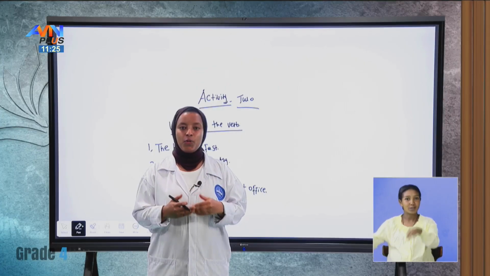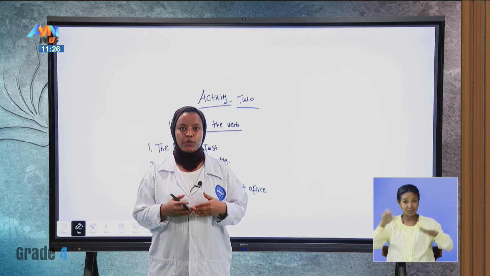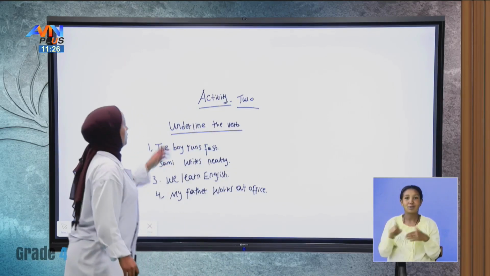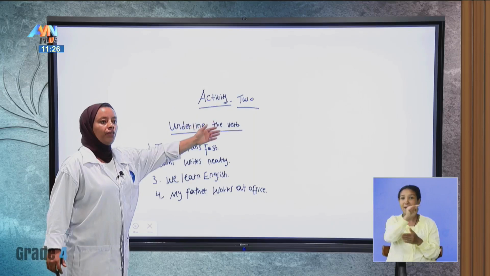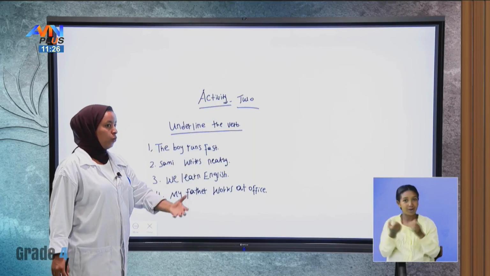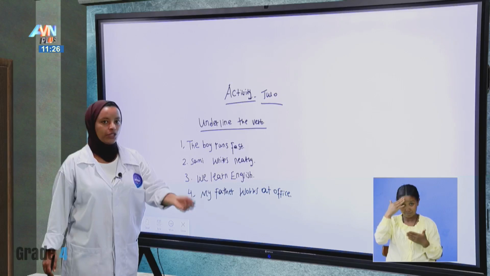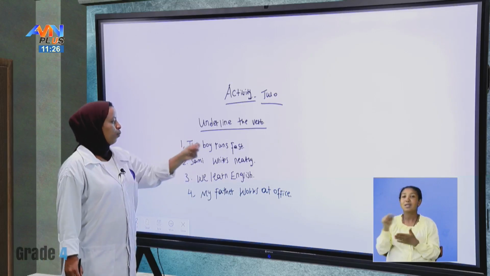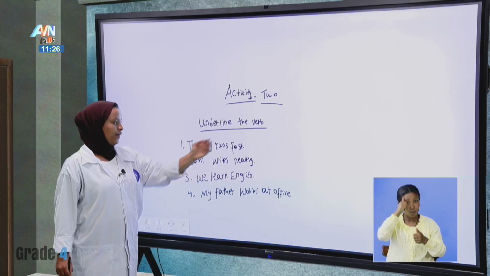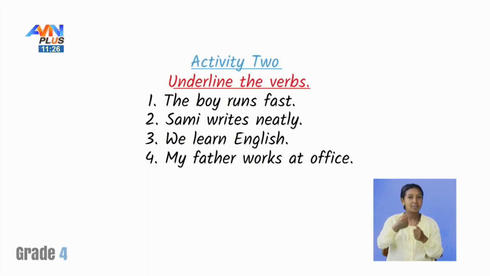Students, I hope you all have finished activity 1. Let us do it together. Here is the instruction: underline the verb. I hope you all understand what a verb means. The boy runs fast. The boy is what? A subject.